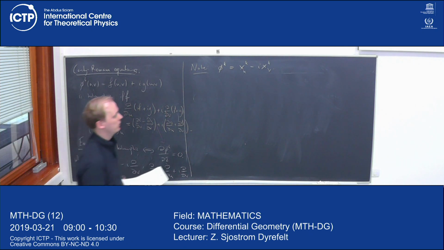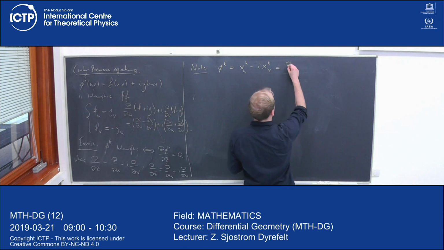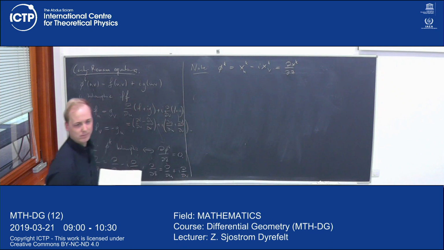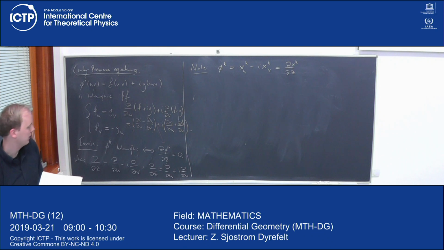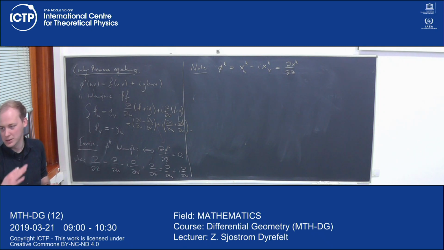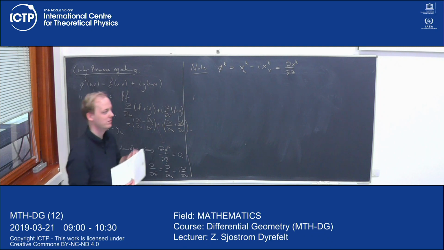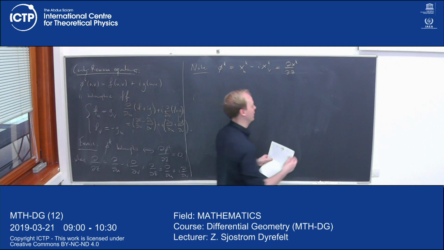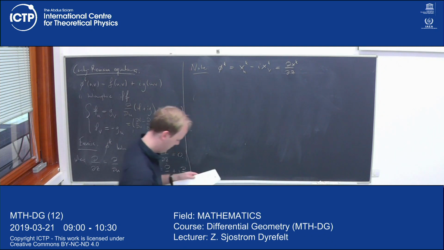Well, this is actually equal to partial z of x_k. So actually what I was doing when looking at this complex function phi k was just looking at the partial derivatives of the coordinate functions in the direction of the complex coordinate z. Okay? So now it no longer seems so arbitrary or so strange why I was looking at this thing.